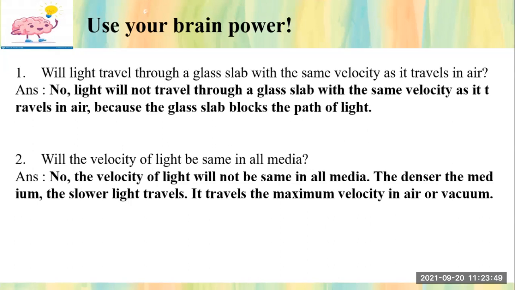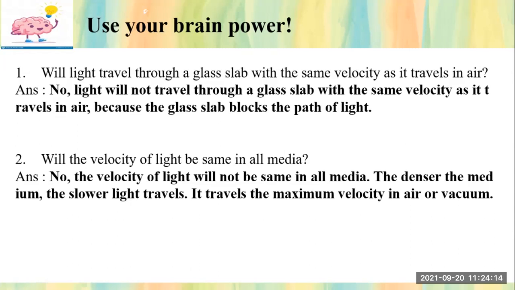The denser the medium, the slower the light will travel. And it travels with maximum velocity in air or vacuum. Now see, students, this is a very nice answer. In different media, light has different velocity. It does not have the same velocity in every medium.